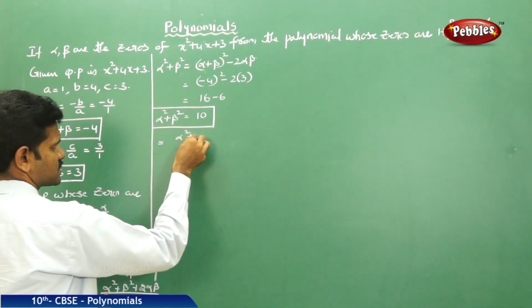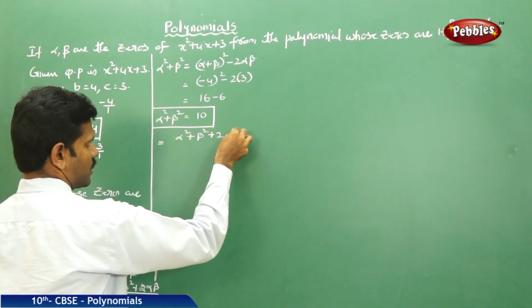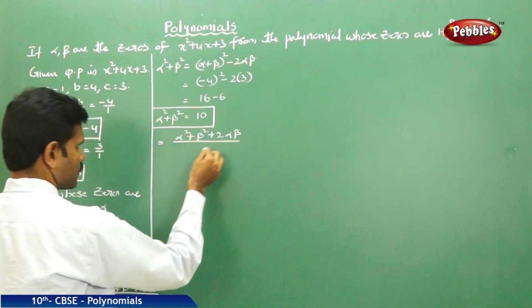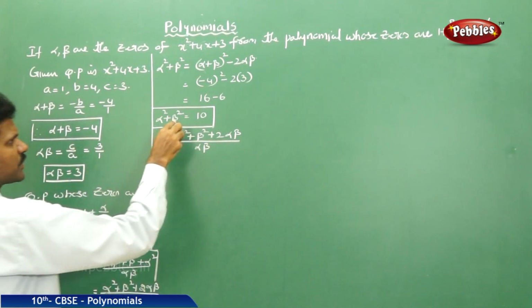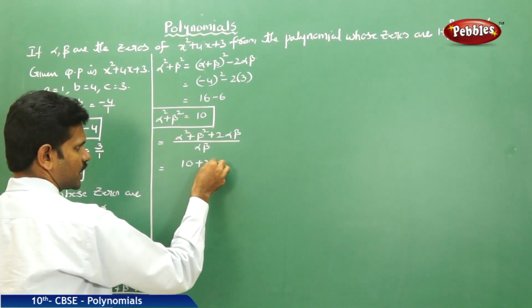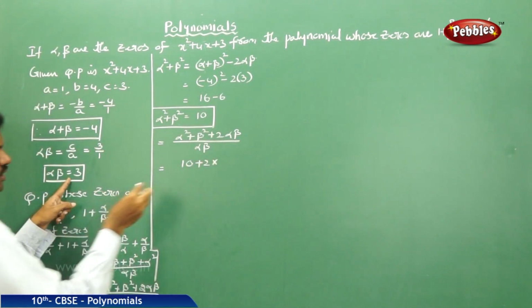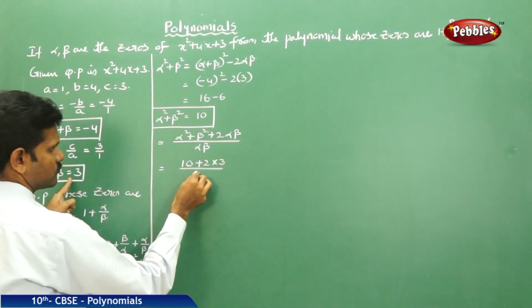Alpha square plus beta square plus 2 alpha beta, all by alpha beta, that is equal to alpha square plus beta square value is 10, plus 2 times alpha beta value is 3, by alpha beta value, again 3.